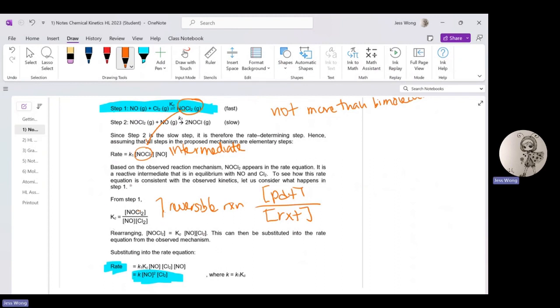I rearrange this Kc expression and make NOCl2 my subject, so I get an expression.